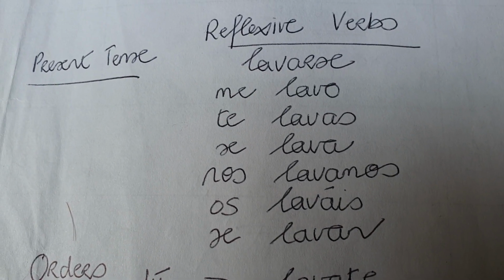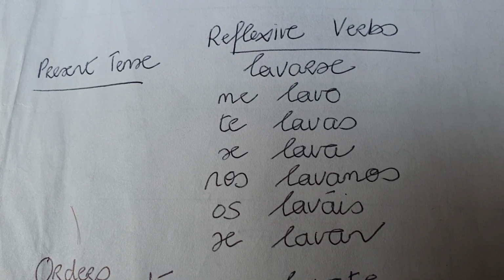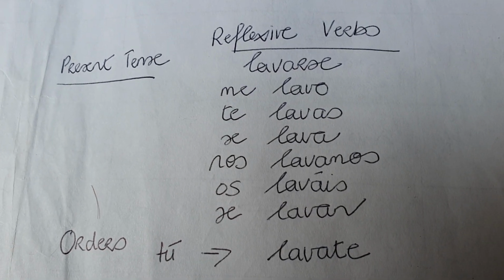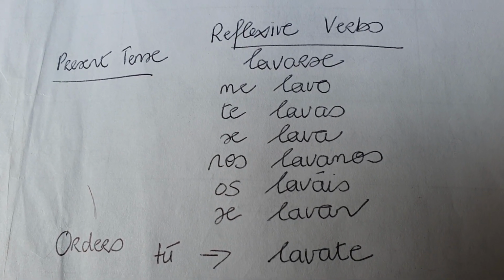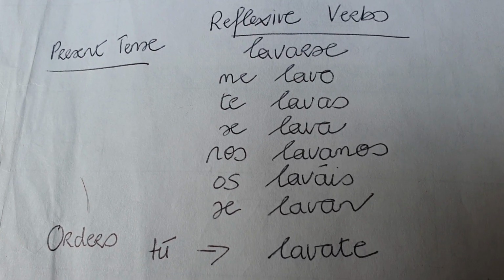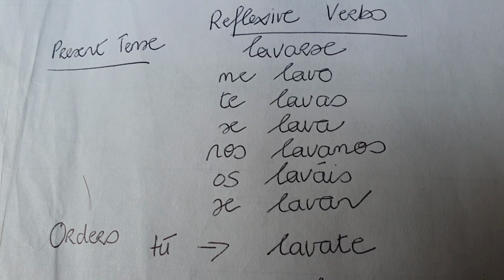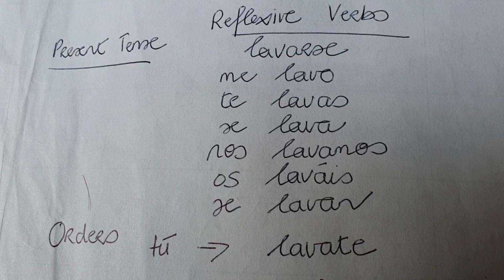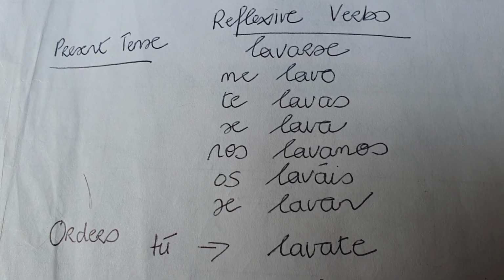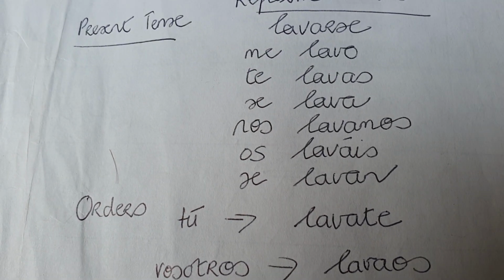So that is our normal verb. Now, to make those into orders, we have to do it a little bit differently. So with the tú, we do that, lavar, you go to the third person, which is lava. So we put down our lava. But the me, te, se thing goes onto the end and sticks onto the end. Okay, so we'll put that me, te, se, nos, os, it will go at the back at the end and it will stick onto the end.